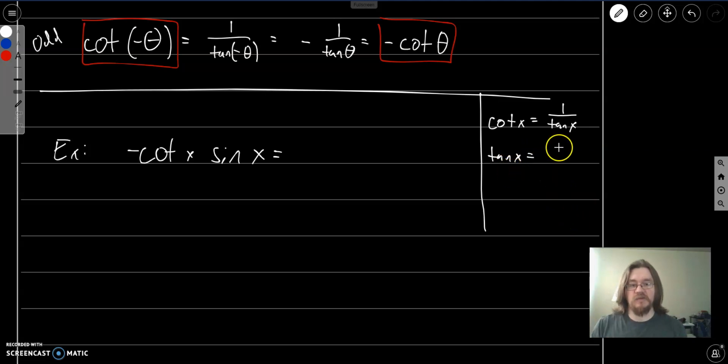Tangent is sine divided by cosine. So if cotangent is the reciprocal of tangent, that means cotangent itself is going to be cosine over sine.